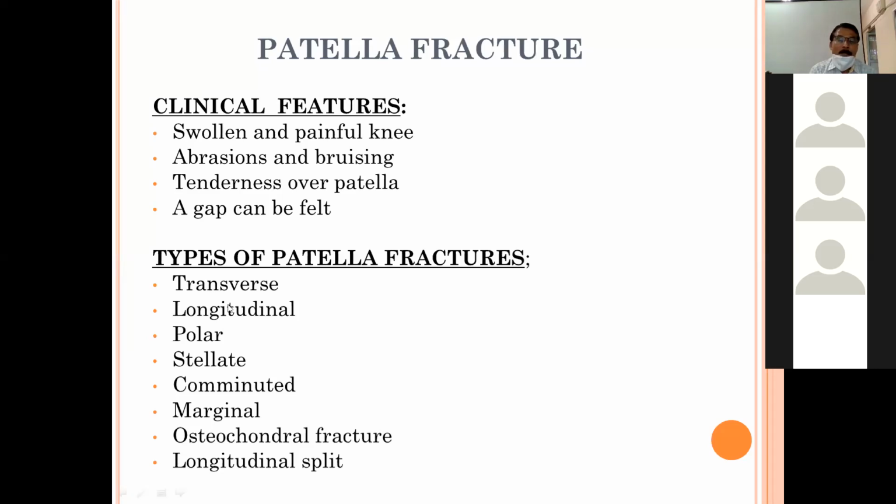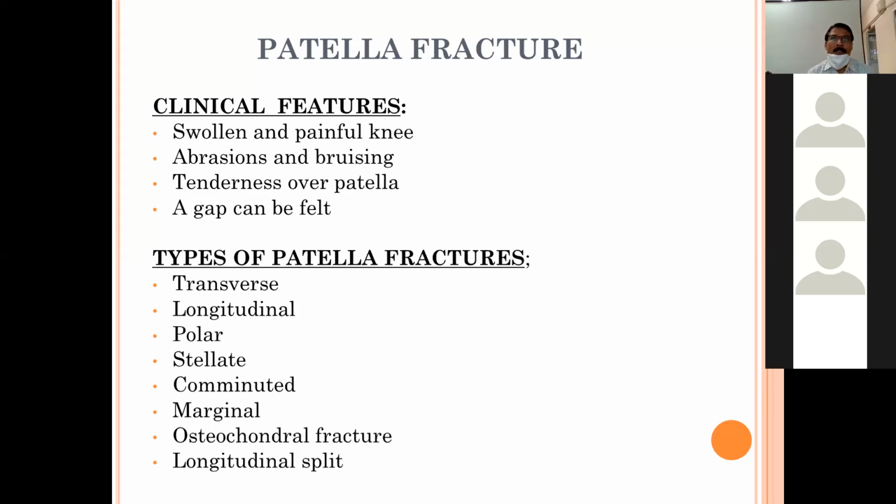On the other hand, the fracture line may be perpendicular, that is longitudinal. So that is a longitudinal fracture. Polar fracture means that in the patella, one pole, upper or sometimes lower, is fractured. Many times this fracture may not be intra-articular, it may be extra-articular only, that means it is not involving the part which forms the joint.